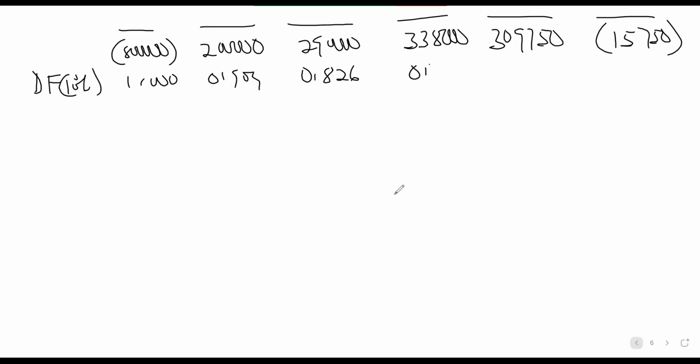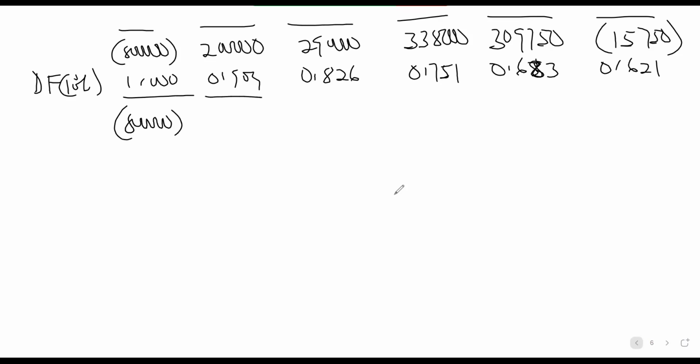Year 4, 0.683. And then year 5, 0.621. So let's get them and move on.